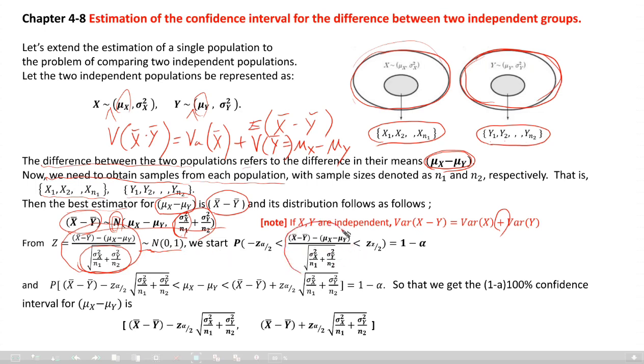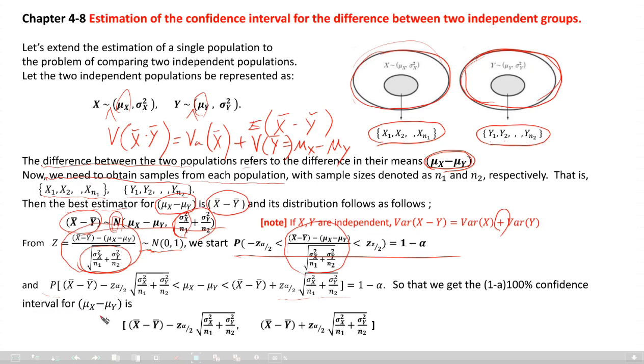For this standardized form, the probability between minus z alpha over 2 and plus z alpha over 2 is 1 minus alpha. We just follow what we did when we had the one population case. So we rearrange this equation to get the 1 minus alpha 100% confidence interval for mu x minus mu y.